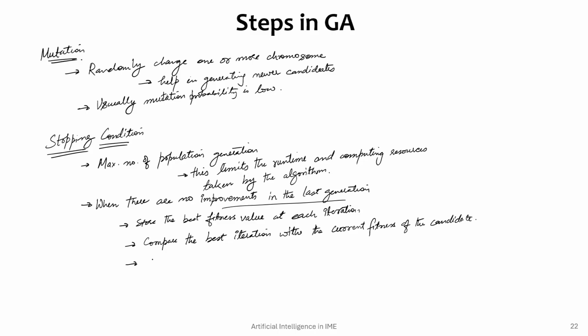Now if this difference is smaller than a threshold that is governed by the user, then we can stop further iterations.